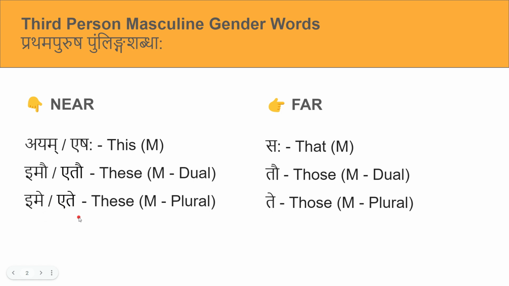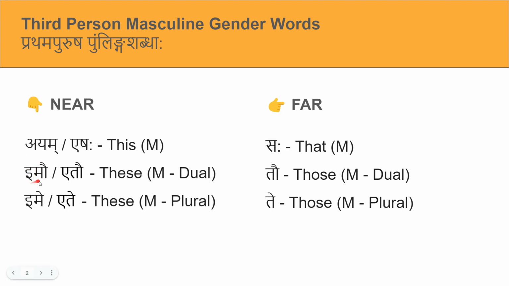So it is one of the special features of the Sanskrit language. If there is one, of course, a singular pronoun. But if there are two, another set of pronouns, and if there are more than two, we use another set of pronouns.